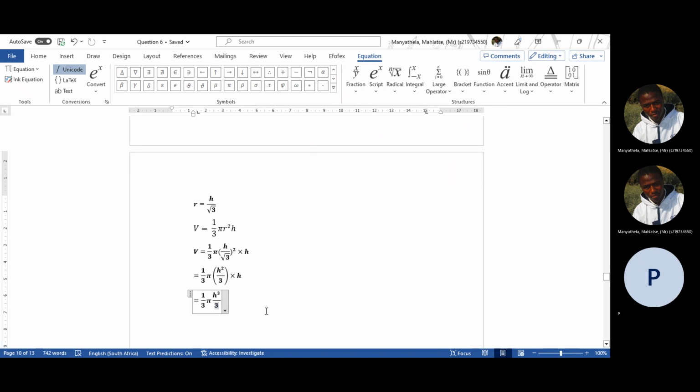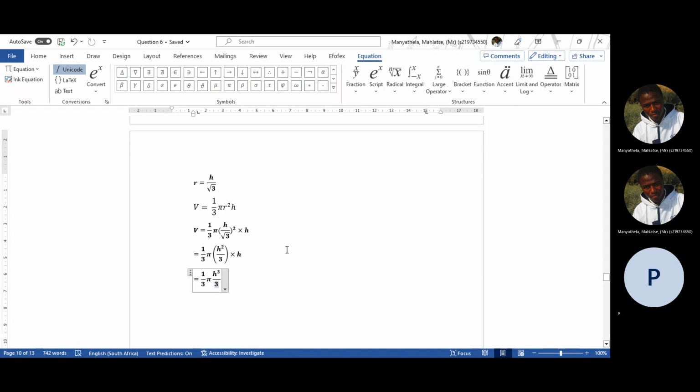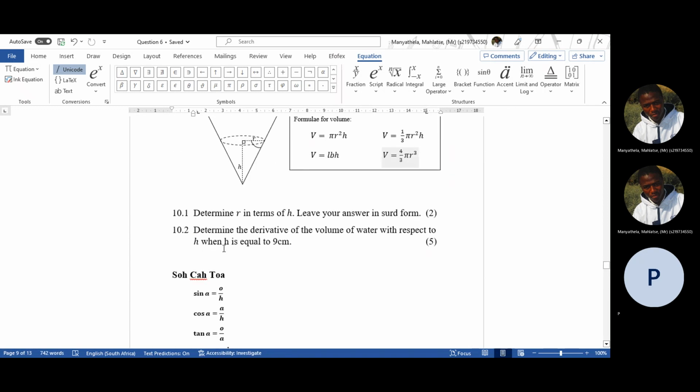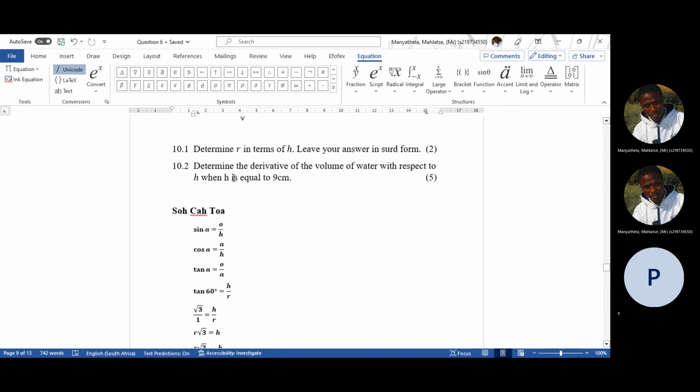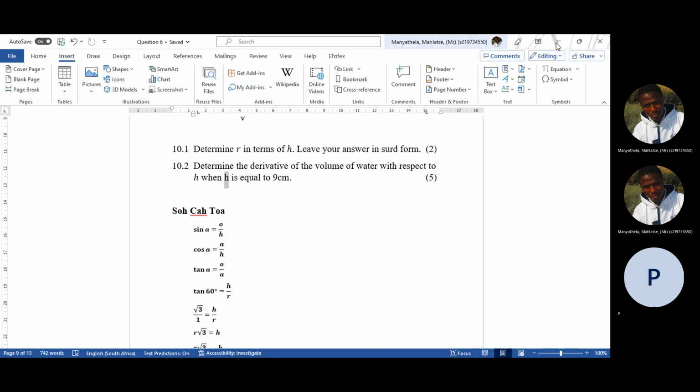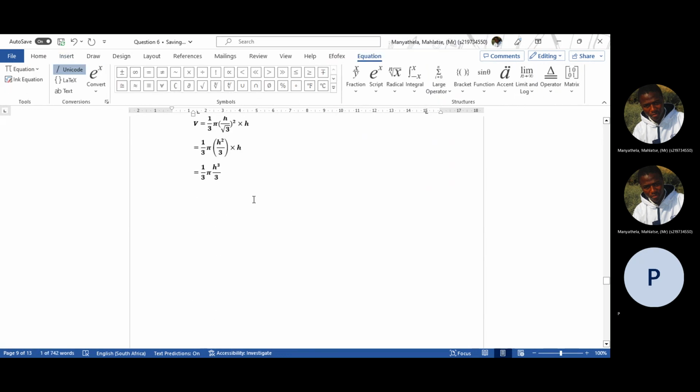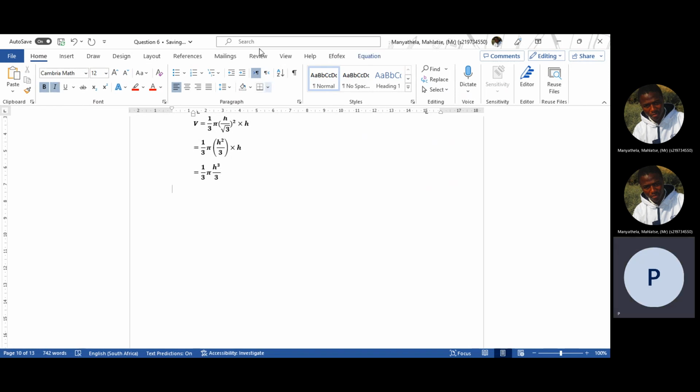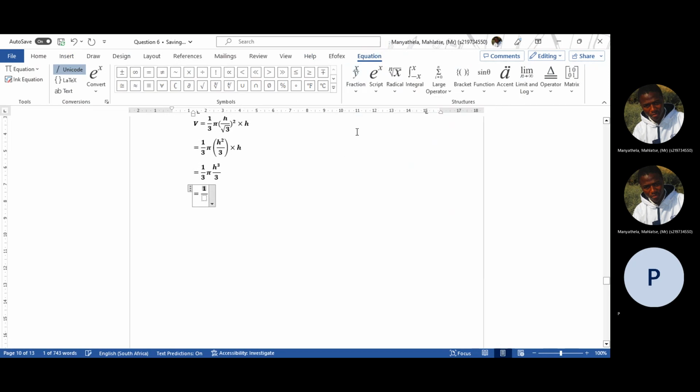So okay, now we can replace H by 9, because we're given that H is equal to 9. So 1 over 3 pi, 9 cube over 3.